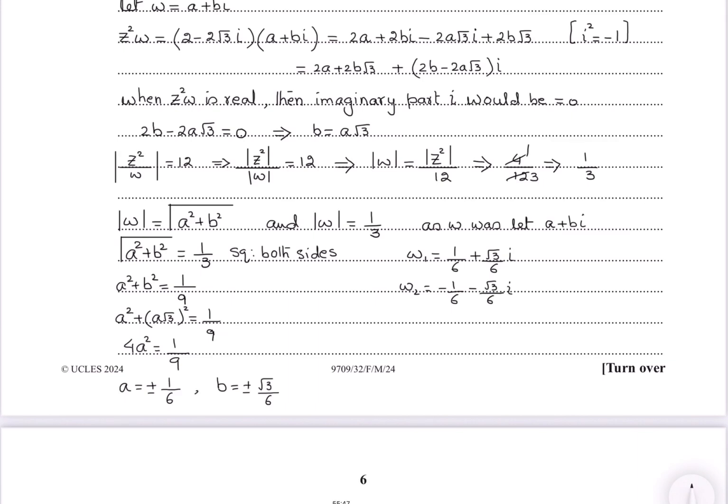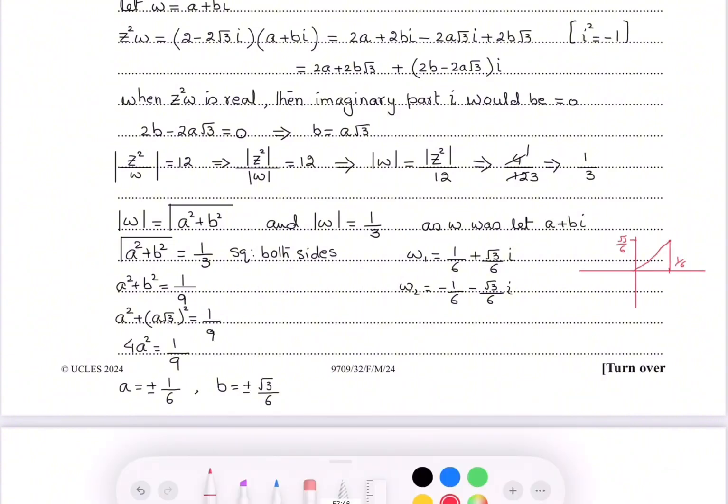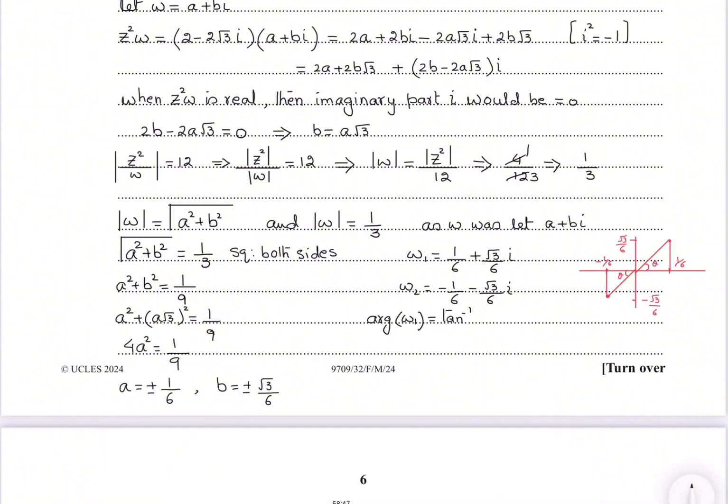So if we make a small sketch to understand, this is our w1 and here is our w2. So use tan theta for both. The argument of w1 is tan inverse of root 3 over 6 over 1 by 6, which is pi by 3, and the argument of w2 would be equal to tan inverse of negative root 3 over 6 over 1 by 6, which is minus pi by 3.